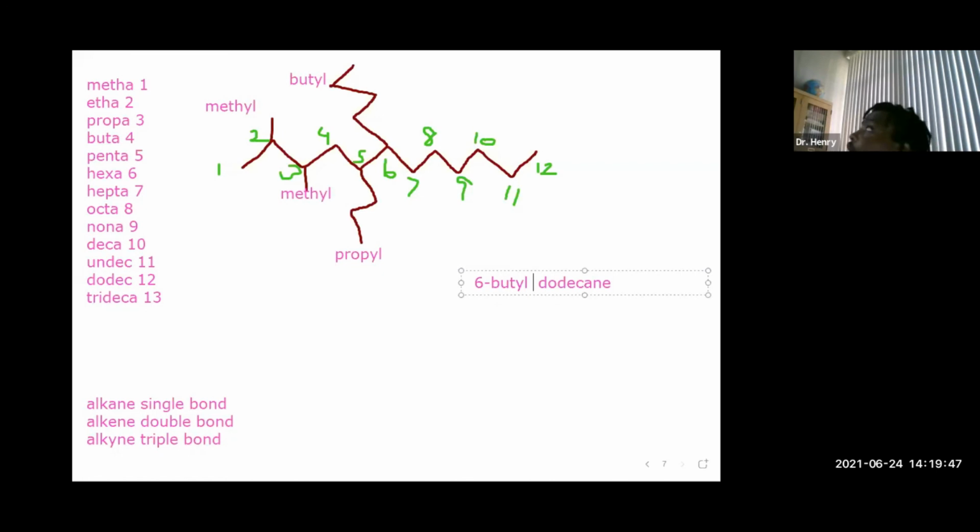So that's, yeah, alphabetical order. 2, 3, and it's dimethyl. And then 5 propyl. 5 propyl dodecane.